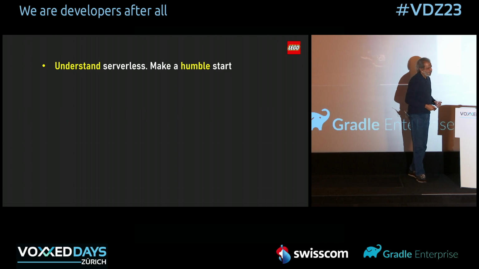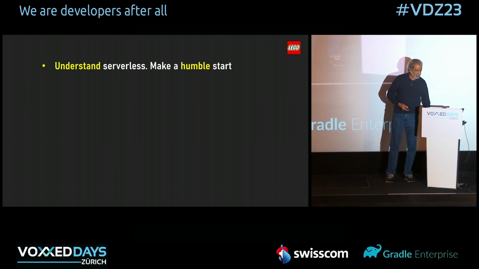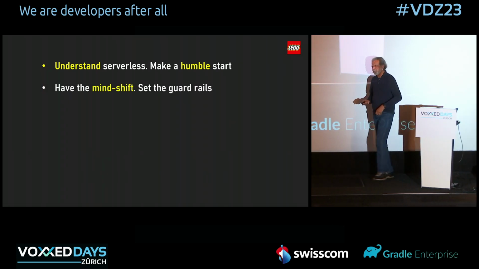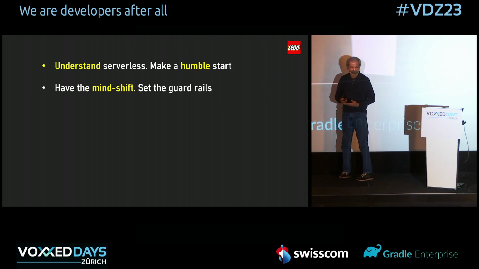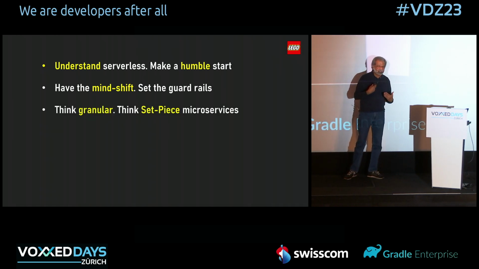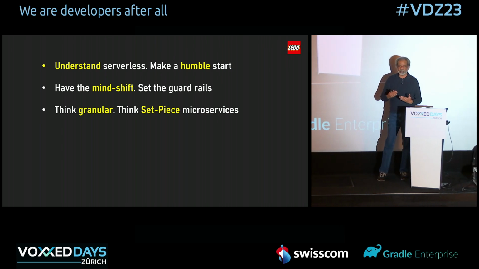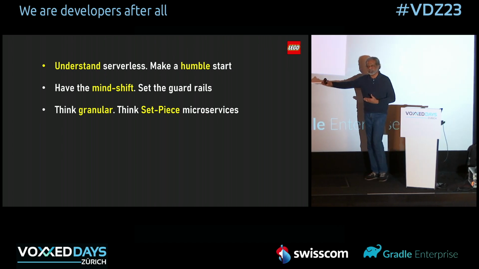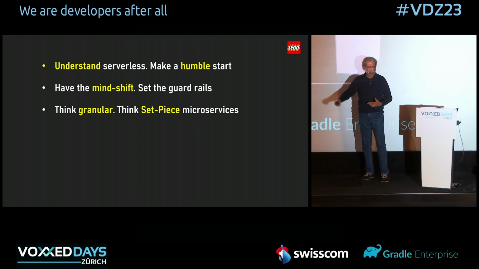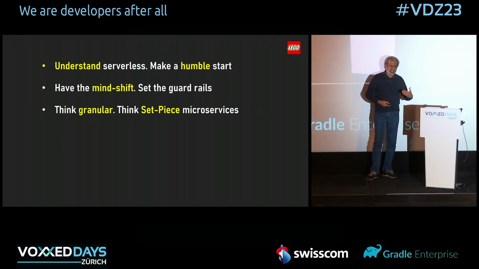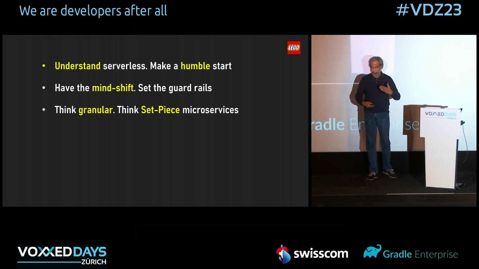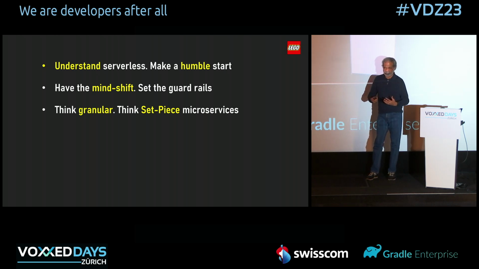So to wrap up, if you are thinking of adopting serverless, make a simple and humble start and grow from there. That's the way you can identify any early mistakes and rectify them before you are too far ahead and it's impossible to come back. Now, having that mind shift, as I mentioned, is very important. You hear lots of people talking about this mindset change or mindset shift when you work with serverless.